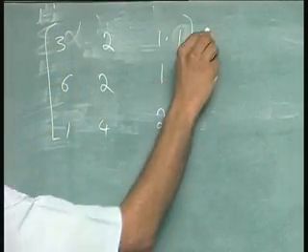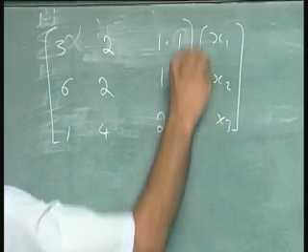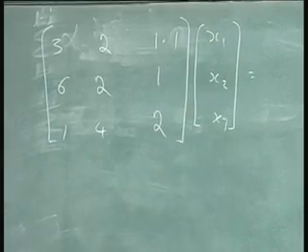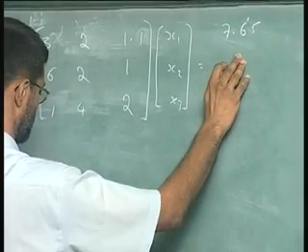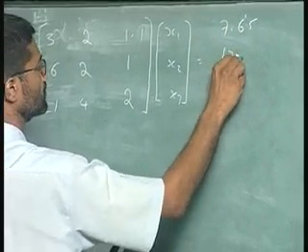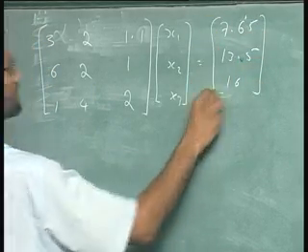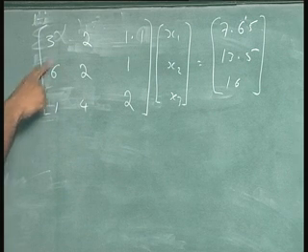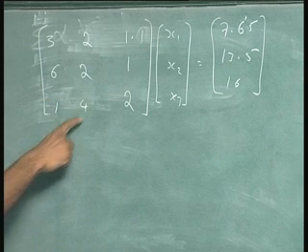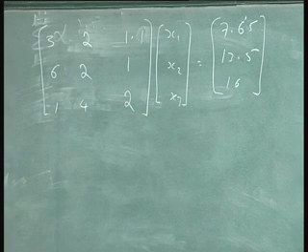So we want to solve an equation of this form, x1, x2, x3 equal to 7.65. So what we do, as I said, we eliminate these two elements, and then this element, and we would get an upper triangular matrix. So that's what we will be doing.